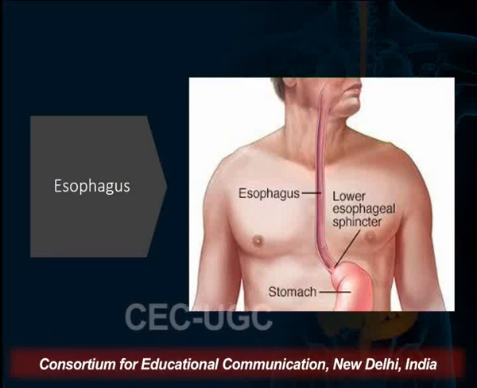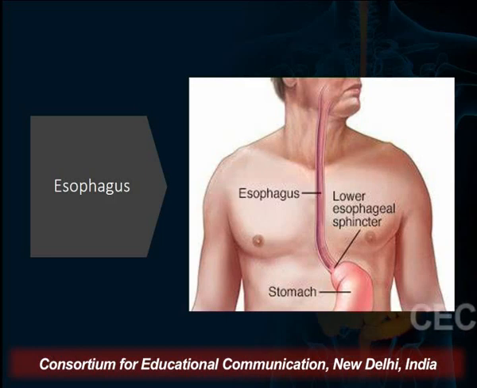The next organ is the esophagus, which is attached upwardly to the pharynx and downwardly to our stomach. The esophagus is a muscular tube extending from the pharynx, behind the trachea, to the stomach. Food is pushed through the esophagus and into the stomach by a series of contractions called peristalsis.